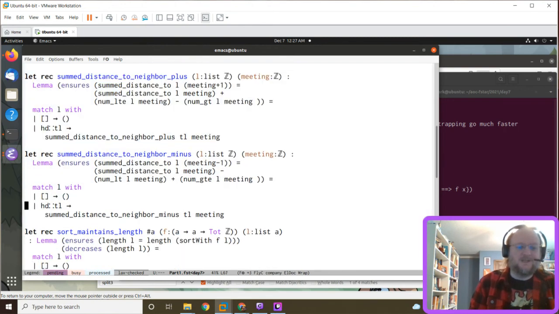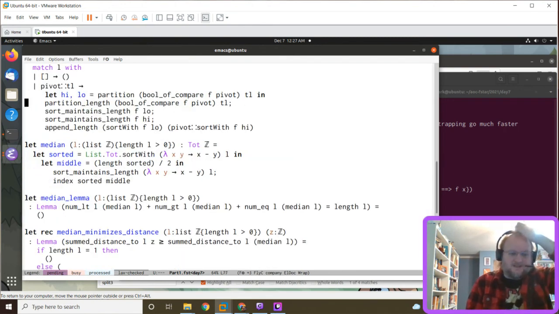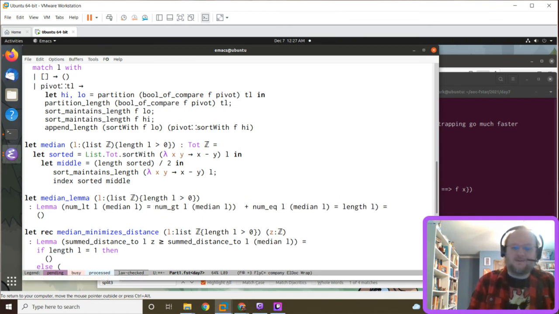Okay, took a while. I can prove that. Okay. So what we want to say here is something stronger. We want to say these two values are equal.